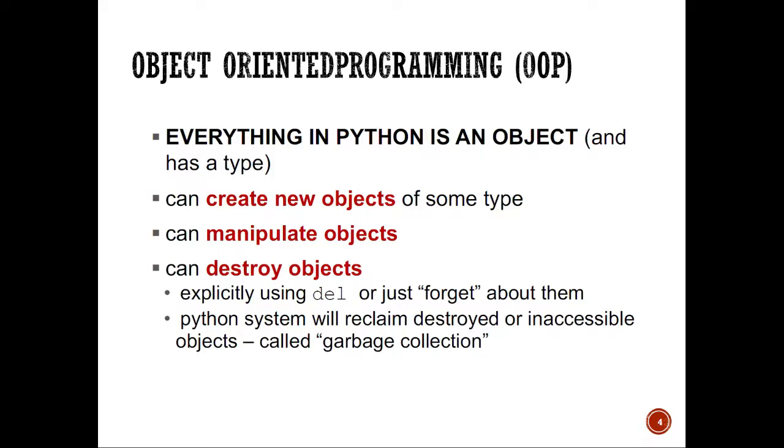We can create new objects, manipulate objects, and destroy objects either explicitly using the del command, or we just quote-unquote forget about them. Python will reclaim destroyed or inaccessible objects using what we call the garbage collection process.